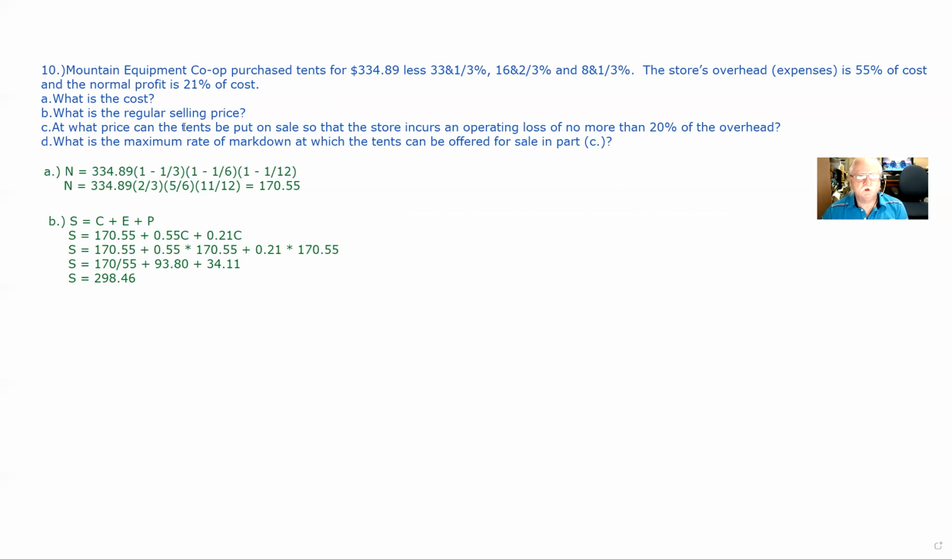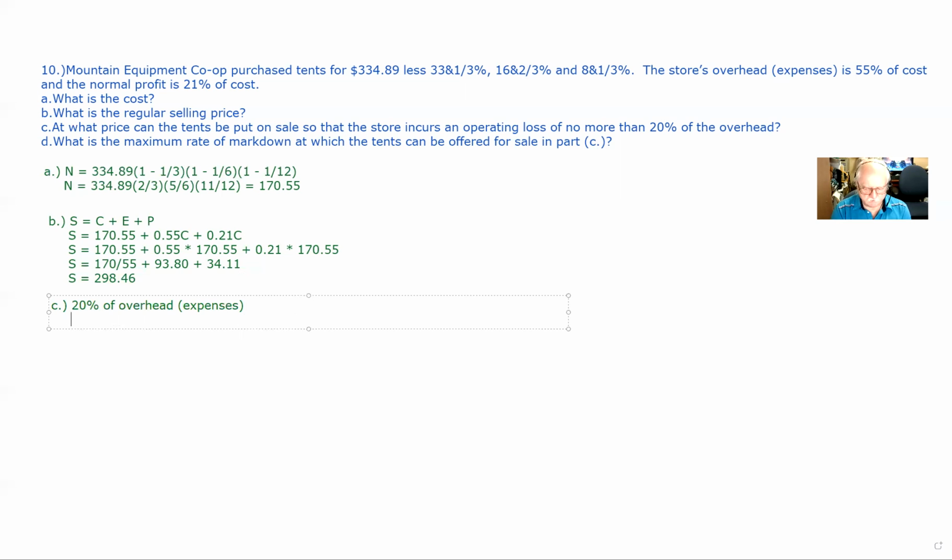So at what price can the tents be put on sale so that the store incurs an operating loss of no more than 20% of the overhead? So first off, let's find out what 20% of the overhead is. So overhead is our expenses. They're the same thing.